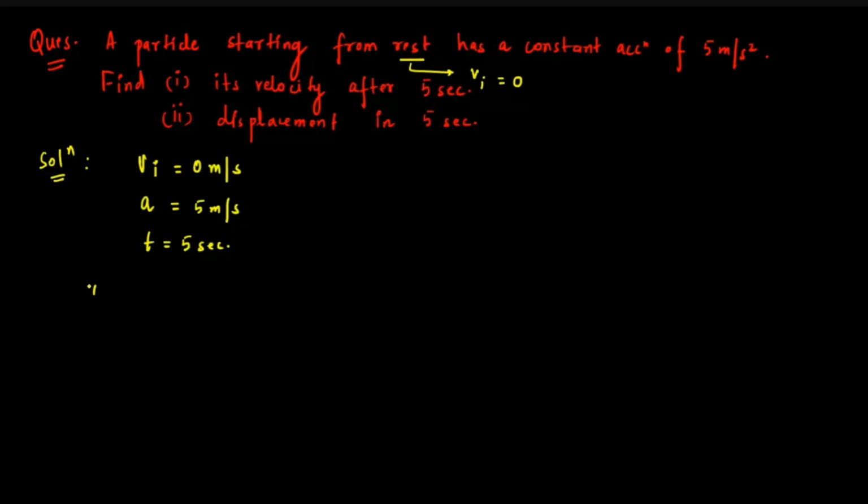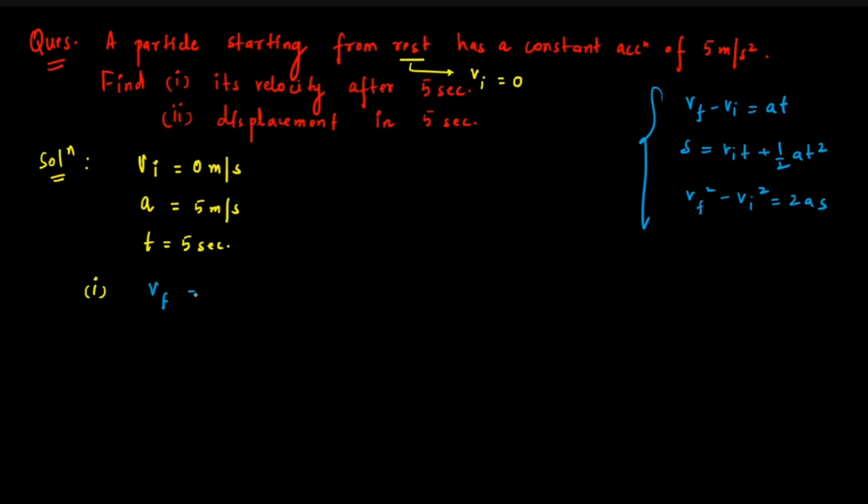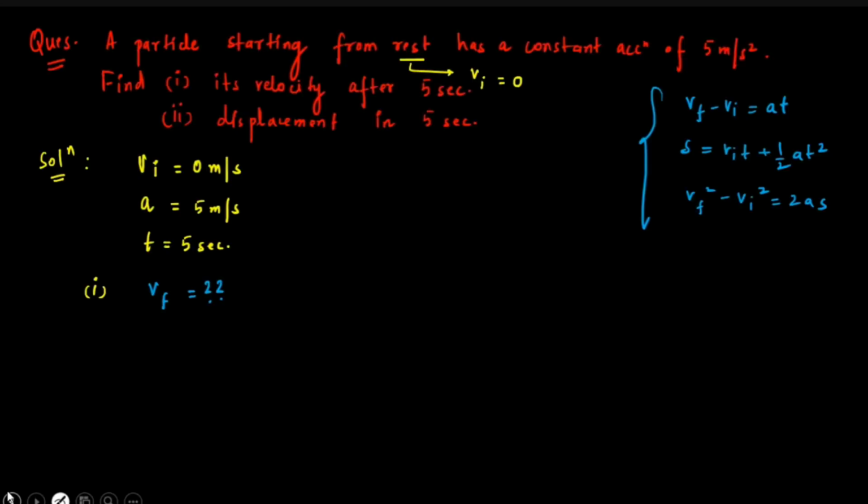Now, tell me, we have these three equations. This is the first equation, this is the second equation, this is the third equation. Which equation should I use to find the final velocity, that is Vf?